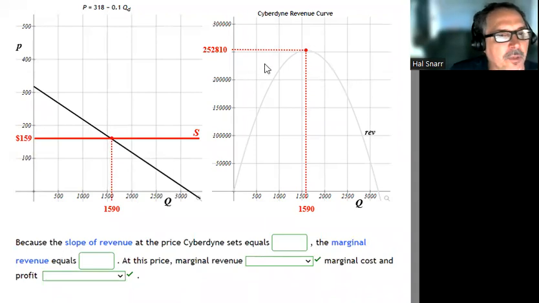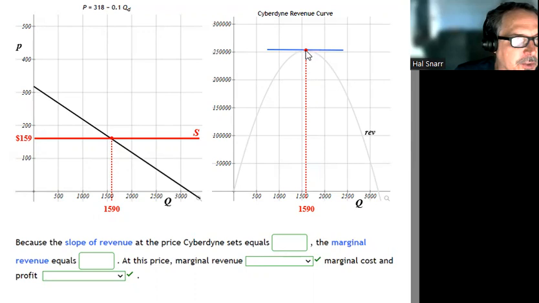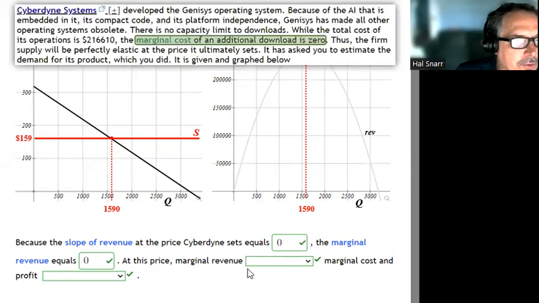Now, because the slope of this curve at this point is zero, we say the marginal revenue is zero. At this price of 159, marginal revenue equals the marginal cost, which was zero, right?